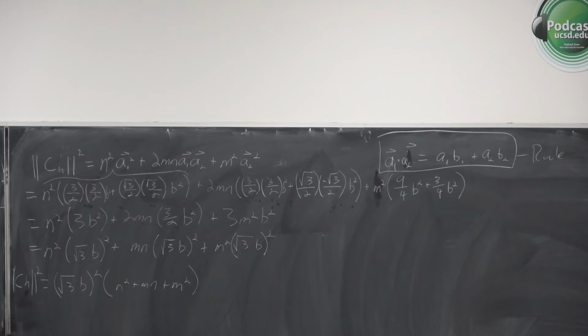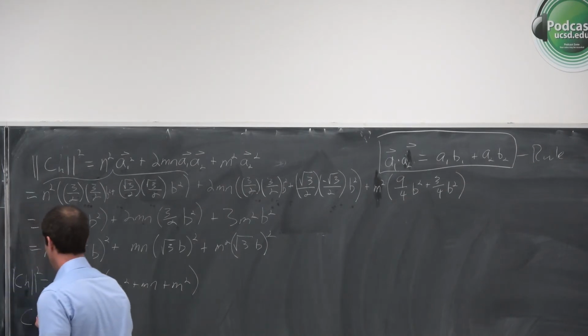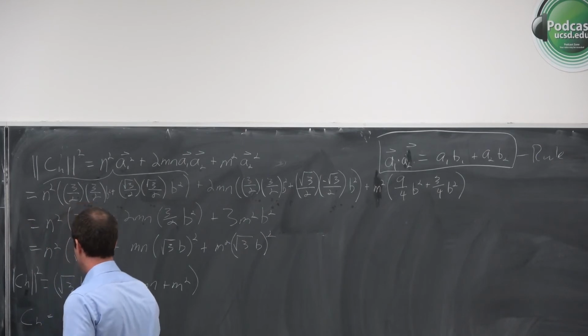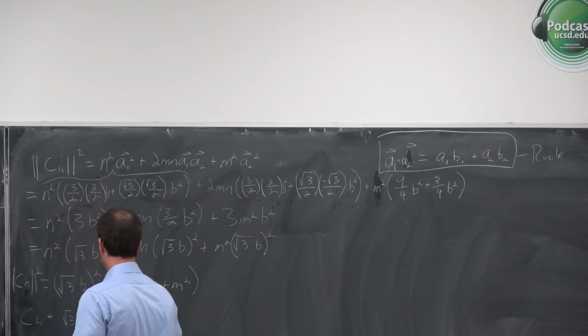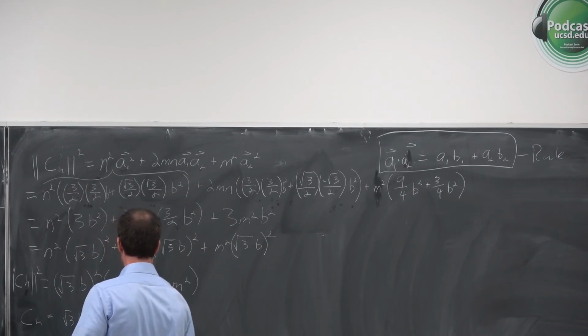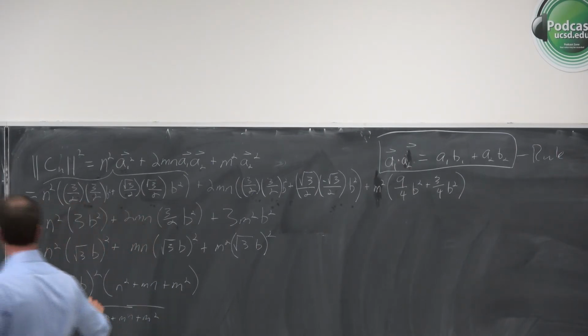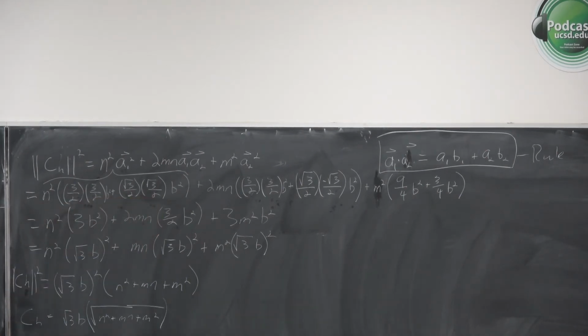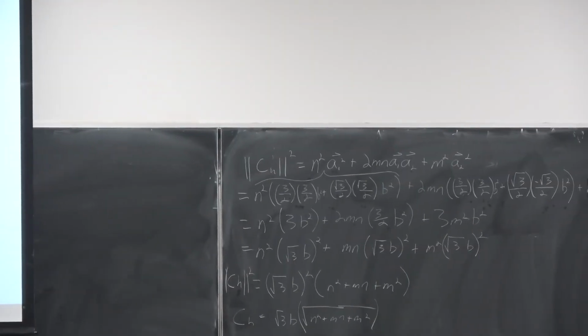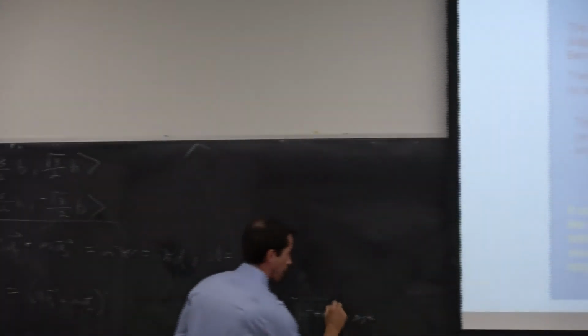And so now we can put this over here after taking the square root of it, to derive an expression for the diameter of a carbon nanotube as being the square root of 3 times the bond length over pi times n squared plus mn plus m squared.